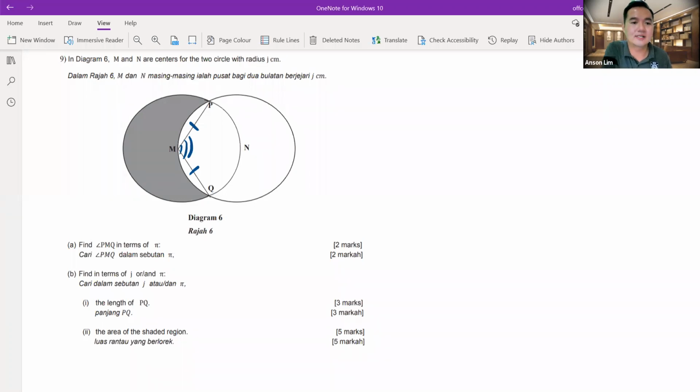Class, should I draw a straight line here? Or don't need? You can see carefully here. Inside my notes, I don't have it. So what you can do is you try to recall back the angle.